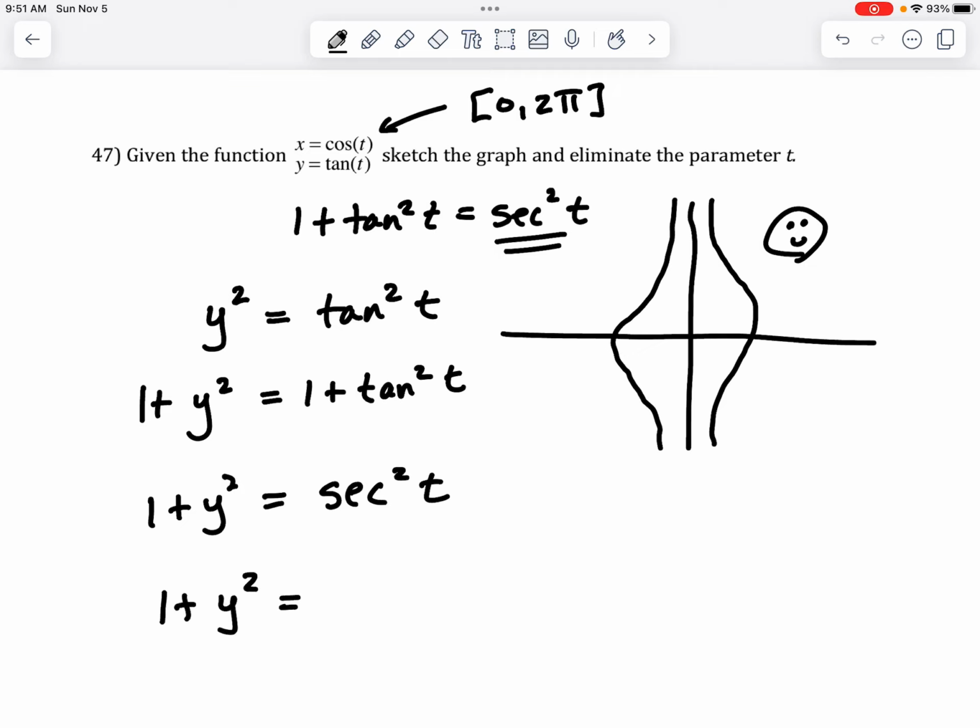So that means that the right side is 1 over cosine squared. And in the given problem, x is equal to cosine. So that means that this becomes 1 plus y squared equals 1 over x squared.